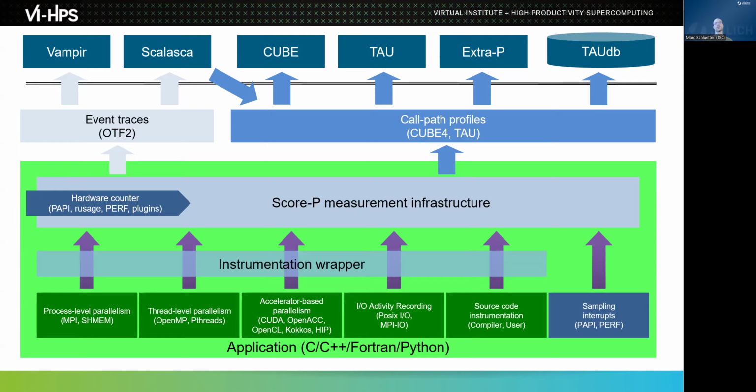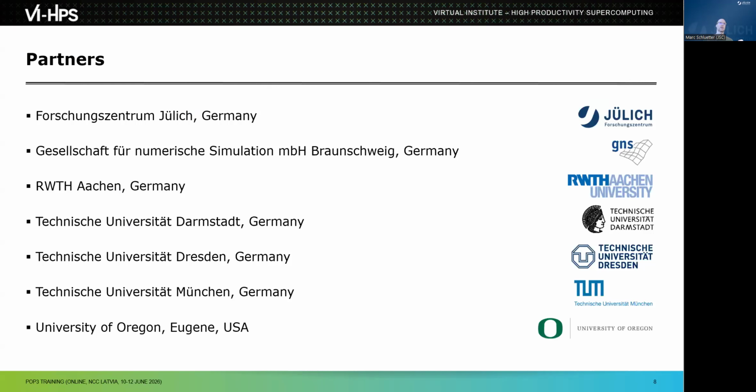In terms of supported languages, we are supporting C, C++, Fortran, and Python for our measurements. On the organizational level, there are quite a few partners, and they are basically matched to the tools that use ScoreP for their measurement instrumentation, and there were partners in the original construction of ScoreP.